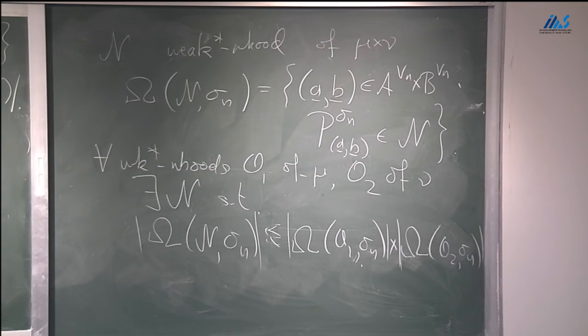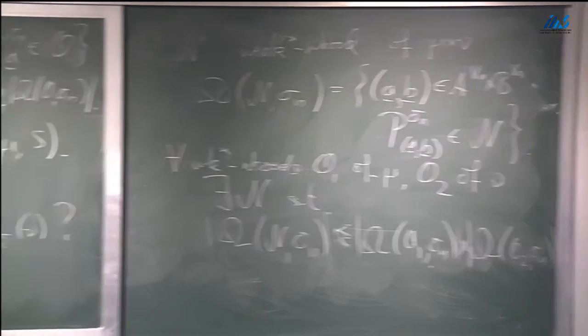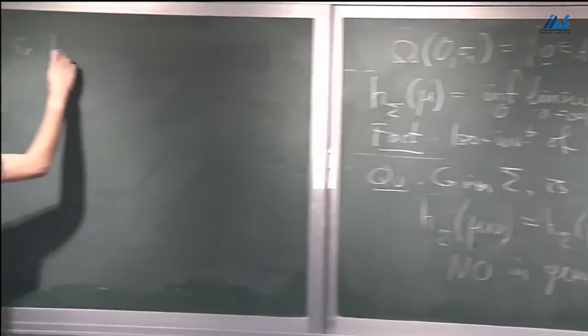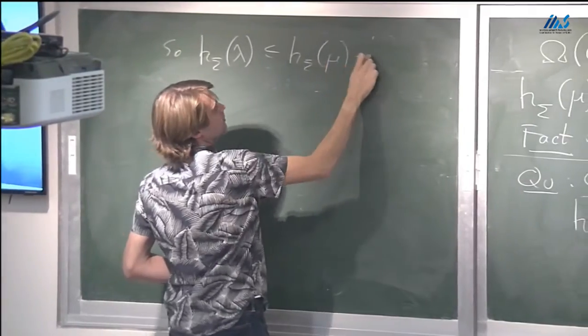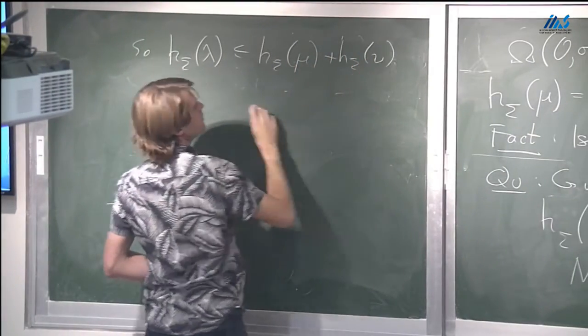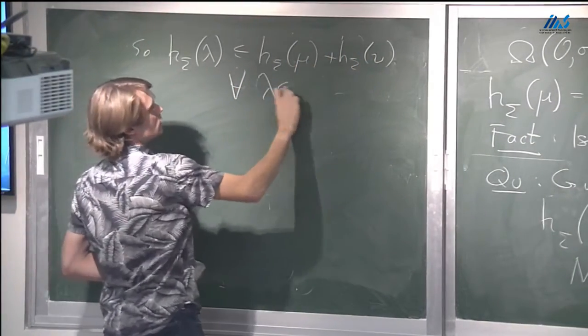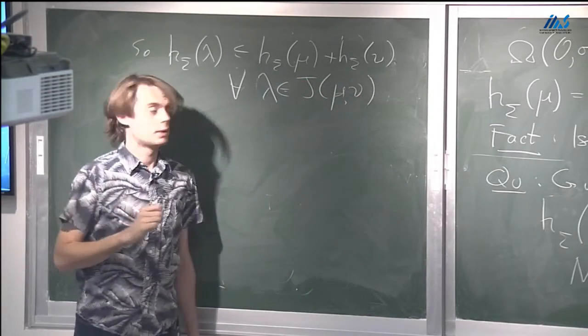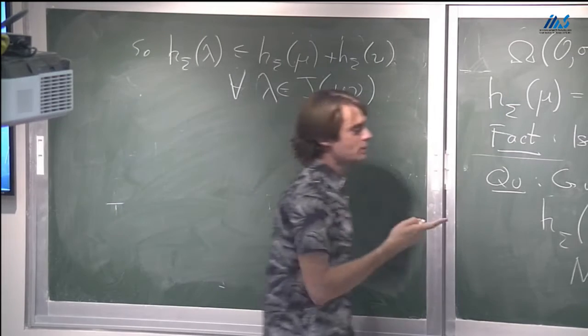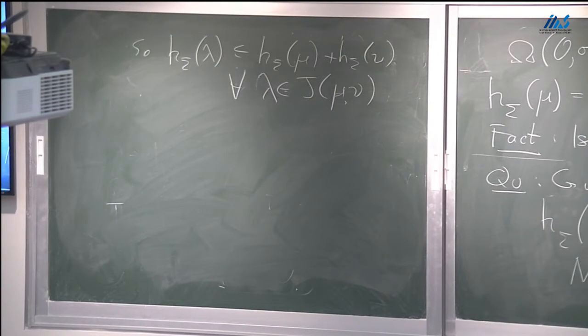So that's the easy direction. Here, J is the set of joinings of mu and nu, and this holds for any joining lambda of mu and nu. And now why might this make you think that, for the product measure, perhaps I get an equality?